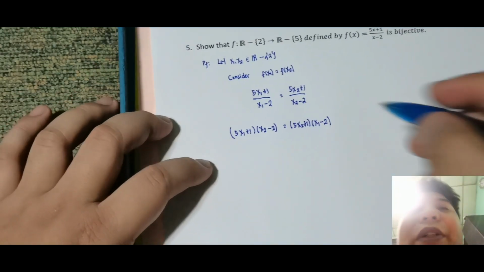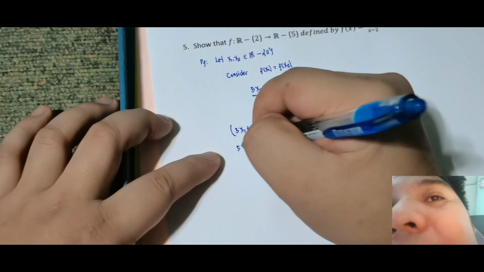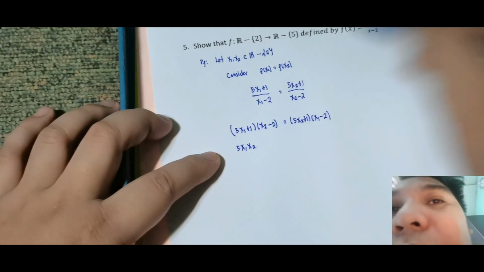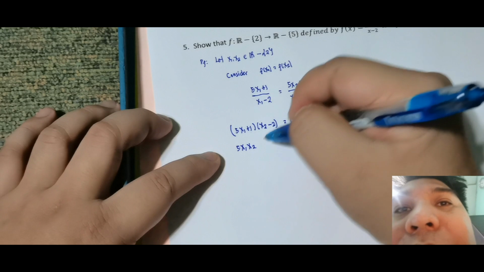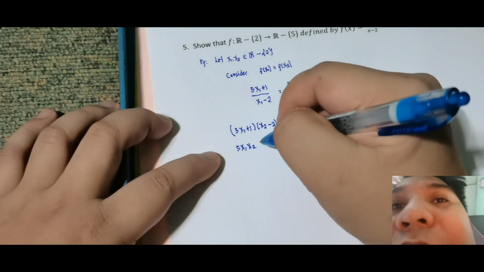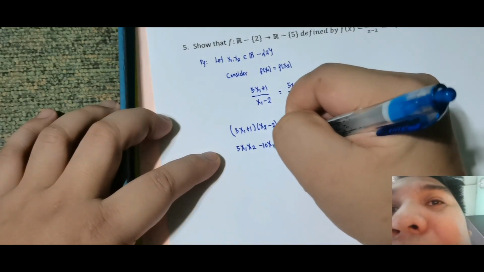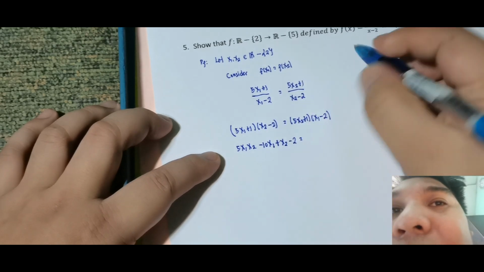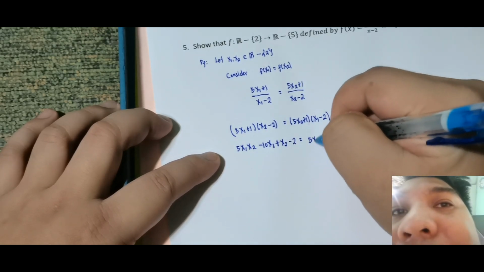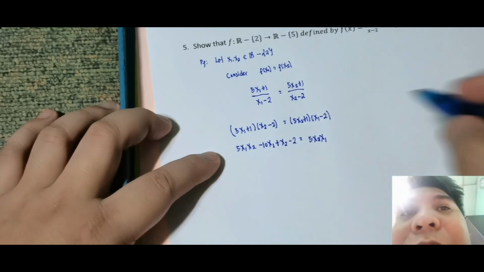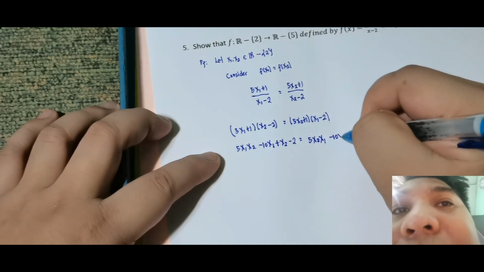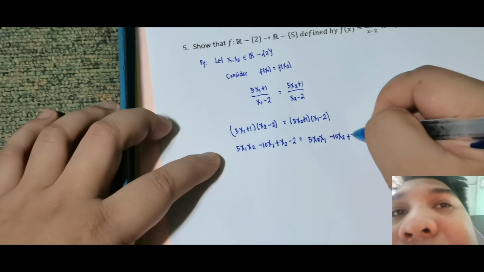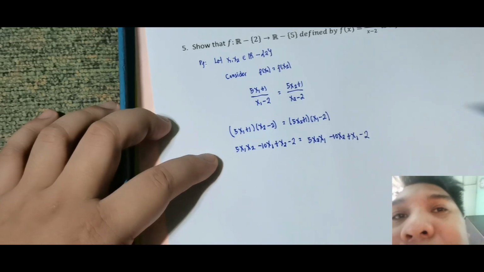Okay, then simplify further sa loob yan. That is 5x sub 1, x sub 2, then minus 10x sub 1 plus x sub 2 minus 2 equal to sa 5x sub 2, x sub 1 minus 10x sub 2 plus x sub 1 minus 2.